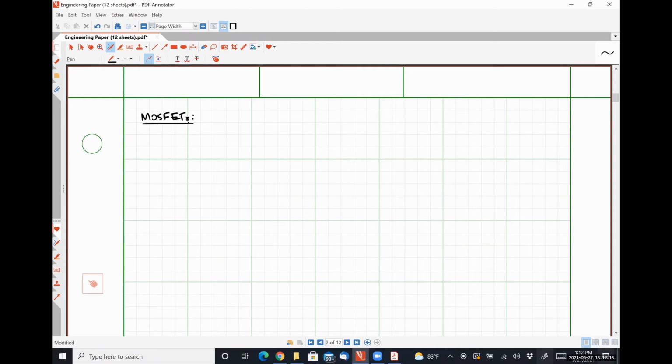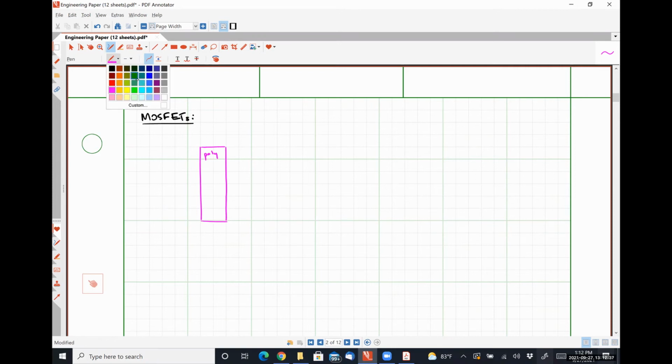So let's say that I have a MOSFET and it is defined by this polysilicon 1 region and this active region, right?